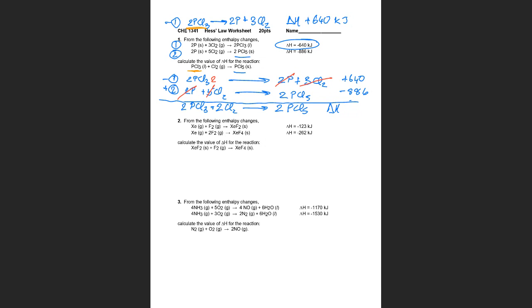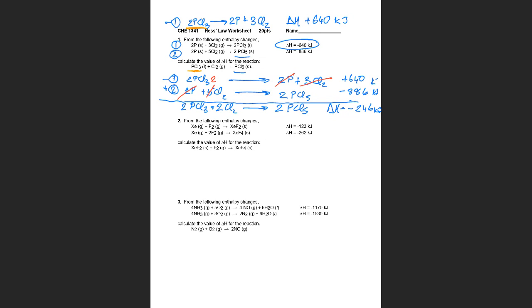Negative 246 kilojoules. Coles, it's a really good answer. You've given me the sign, you've given me the magnitude, and you've given me the units. So this turns out to be negative 246 kilojoules.